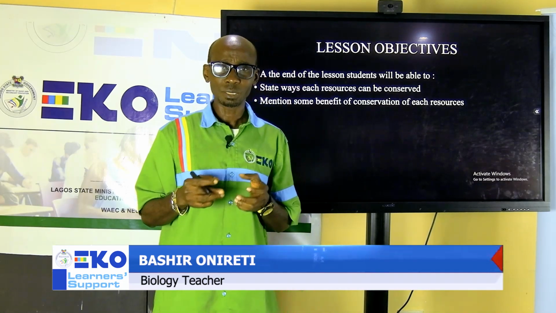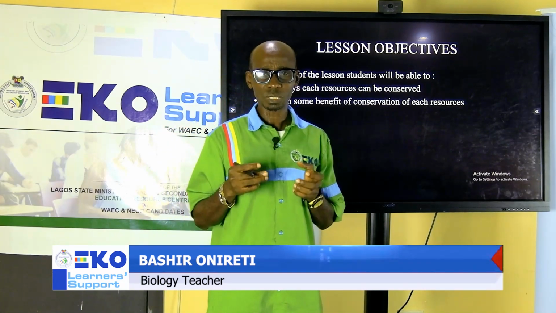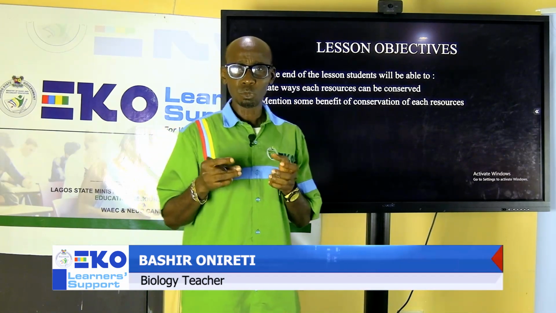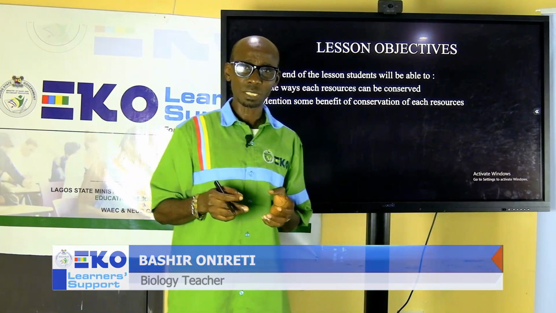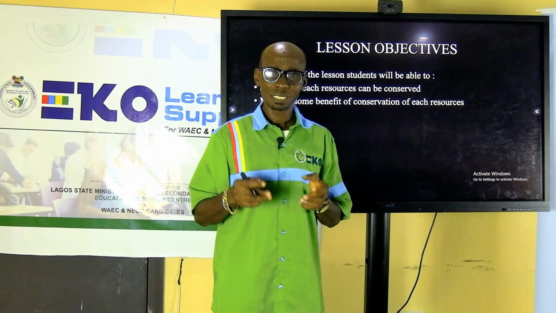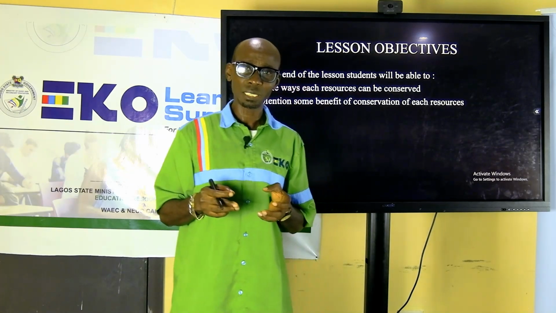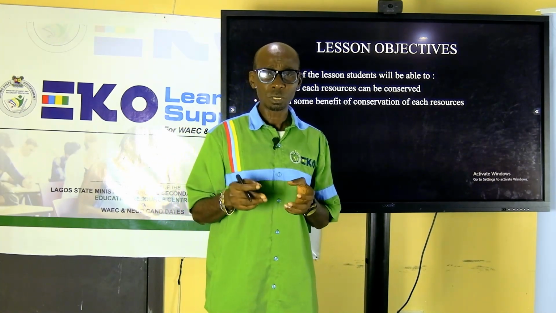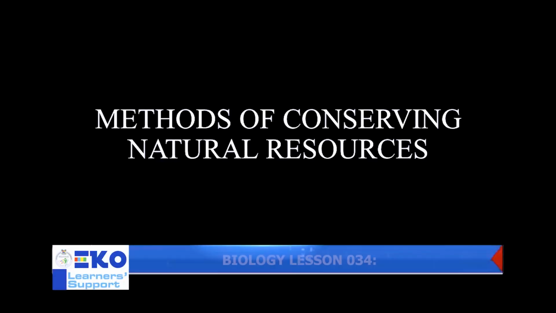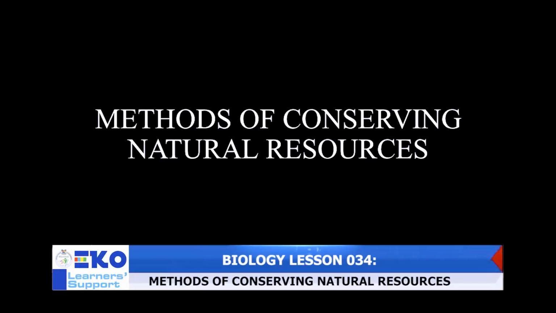From there, we looked at the reasons why we need to conserve natural resources, the benefits of natural resources as well as the challenges that face natural resources, most especially in this part of the world. Today, we are looking at ways we are going to conserve some of these resources we have mentioned earlier. Let's go.